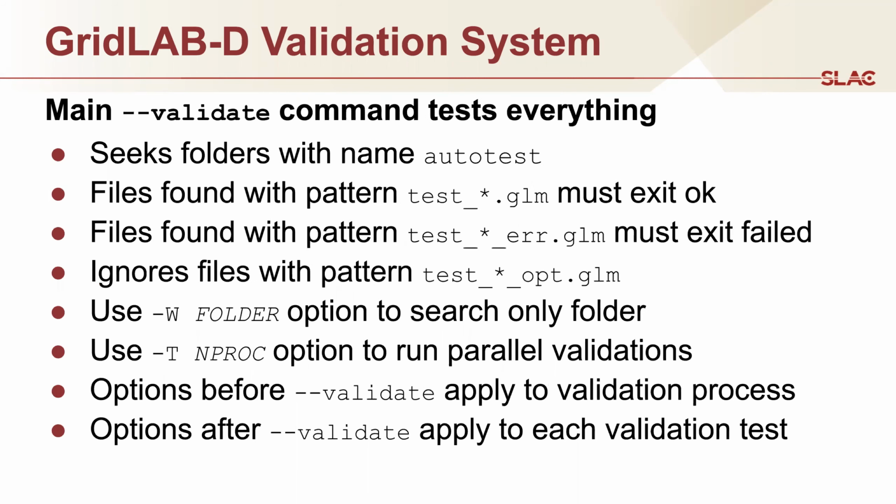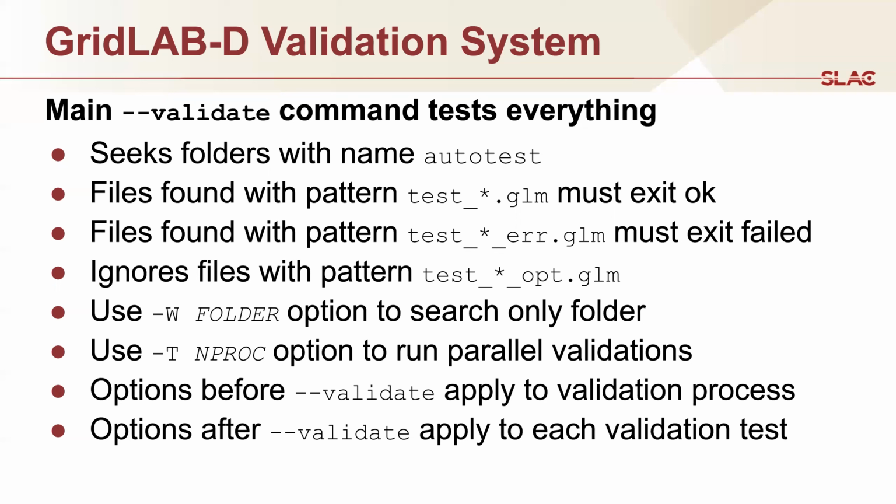So let me go through the basic features of how the validate command line option works. Essentially, if you run the command gridlab-d --validate, this will test everything in the Gridlab-D source tree. What it does is seek out all folders named autotest, and it scans those folders for files that have a particular pattern.